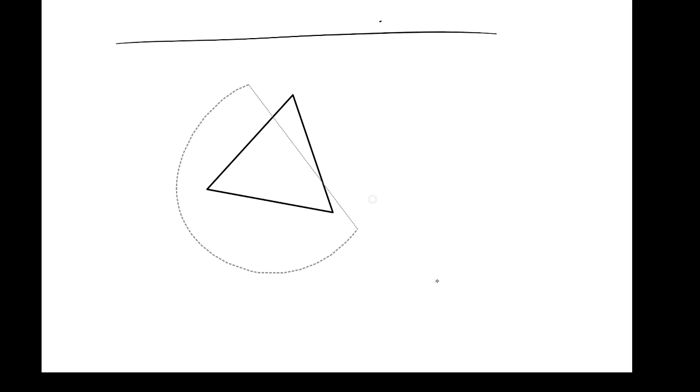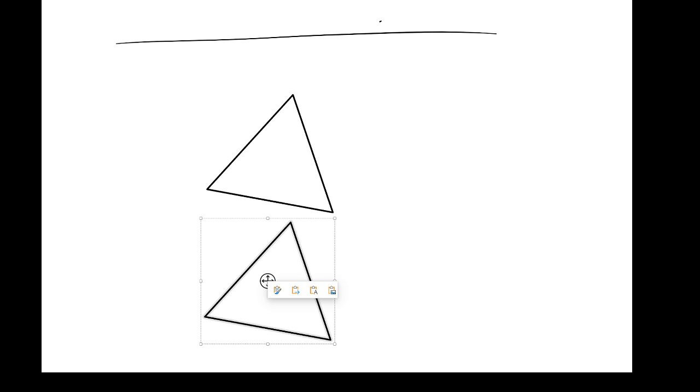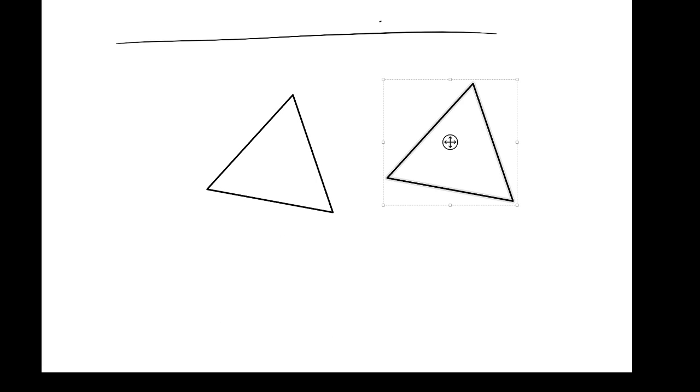So let's go ahead and make two triangles again. It's going to be A, B, C, D, E, and F. Again, I have my two sets of congruent sides.